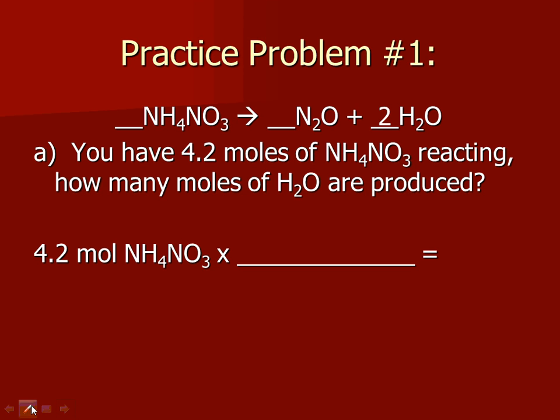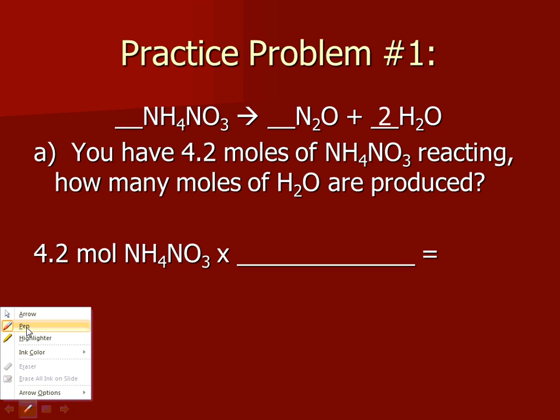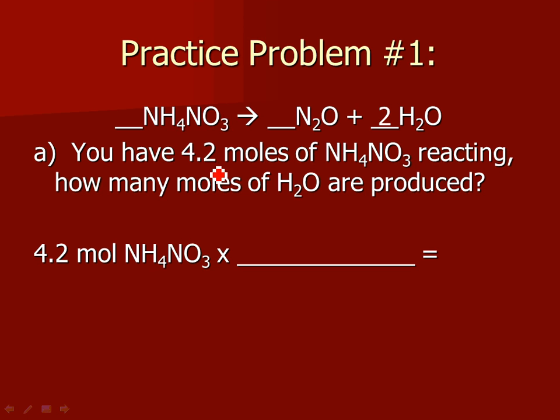So you're going to use these mole-to-mole relationships to figure it out. If you look at NH4NO3, there's nothing here, so it's understood that there's a 1 for the coefficient there, and we're trying to get to the product of water, so there's a 1 to 2 mole ratio.